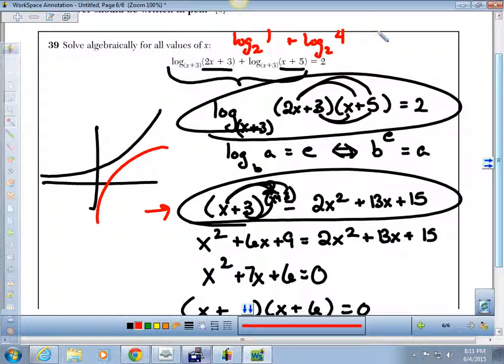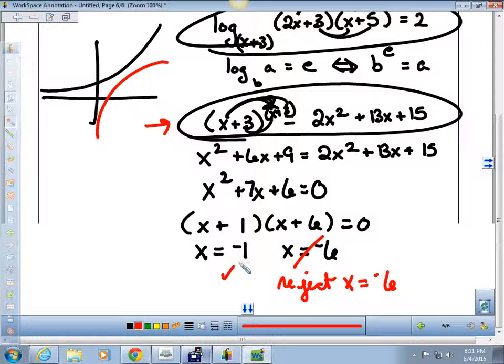Log base 2 of 4 equals 2. Yes? Because 2 squared equals 4. Log bacon and eggs, you convert it back to be happy. 2 squared equals 4, so log base 2 of 4 is 2. Yes, the negative 1 works, but the negative 6 does not.